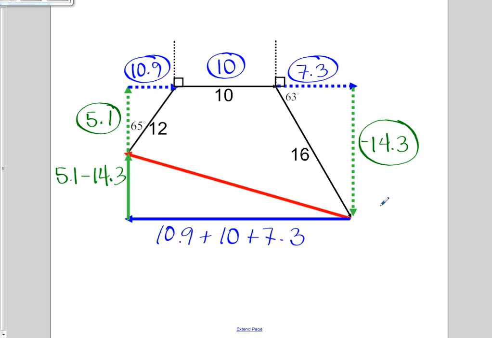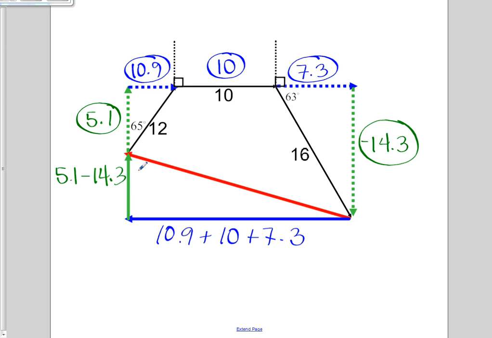And then the only thing that's tricky is when I get these results, I'm going to have to switch the signs because my vectors are going back. I'm not truly adding the vectors, like I'm not going from the base of the first all the way to the end of the last. I'm trying to figure out how do I get back. And so up here, where I've got this 14.3 minus 5.1, it's going to come out negative when I subtract it, but I'm going to know it's actually a positive value because my vector is going up.